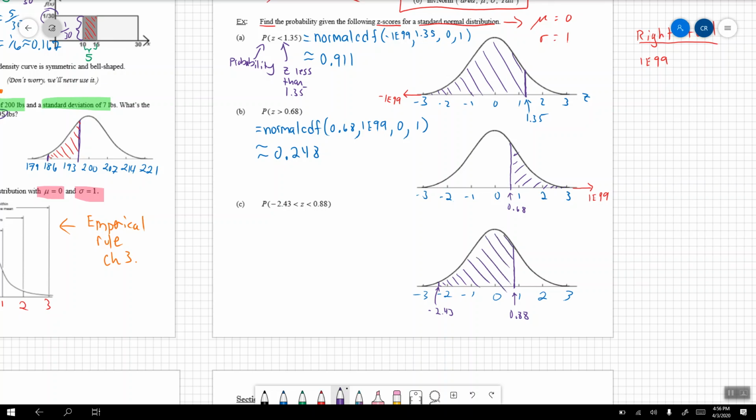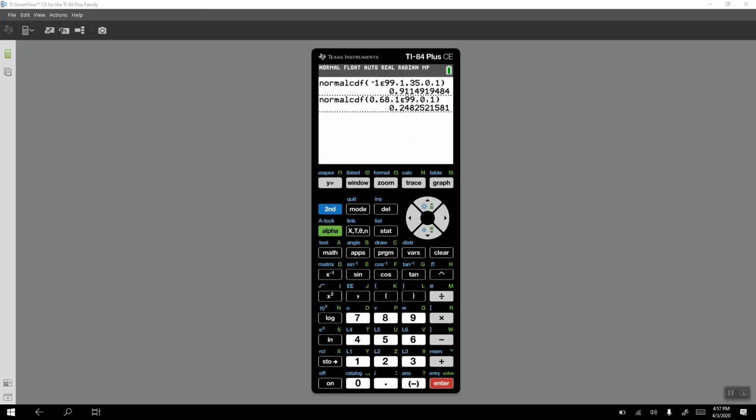As I'm looking at this probability, in order to find it, I need to figure out, again, what are my inputs? What are my bounds? This area has a lower bound of negative 2.43 and an upper bound of 0.88. Let's go to the calculator and make sure that we get this done. All right, here we go. We need that distribution.